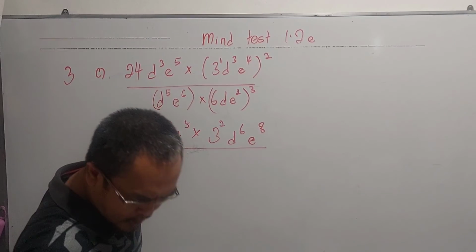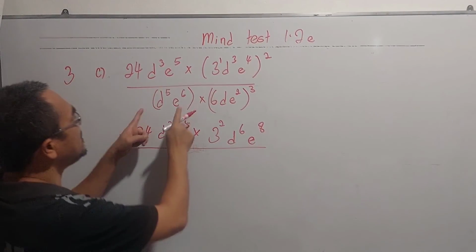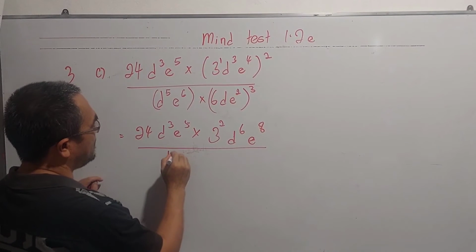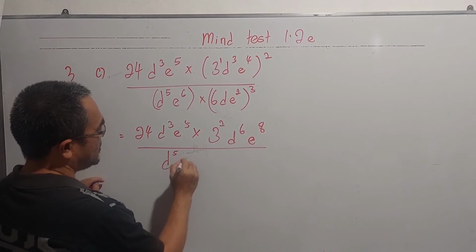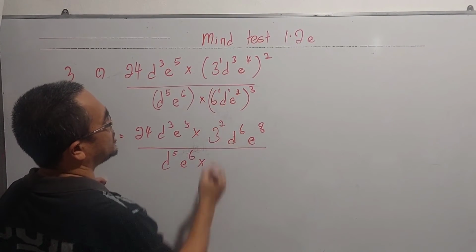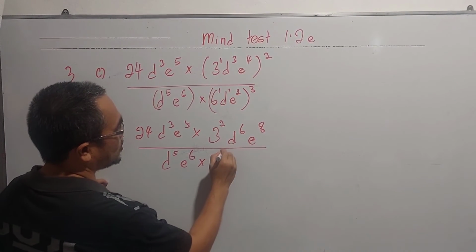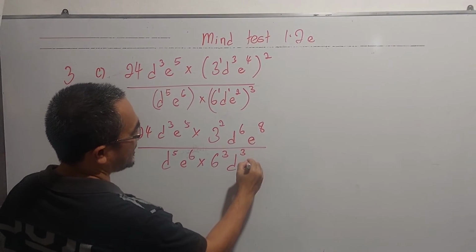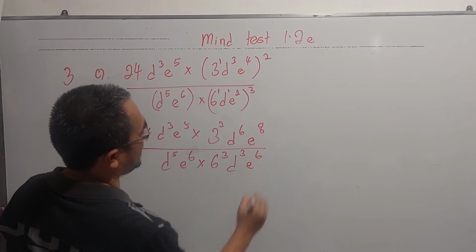And then why there is a bracket here and there's no power outside, so no need to write down the inside the bracket. Just copy again, and then 6 to the power of 1, d is to the power of 1, so 6 to the power of 3, d is also to the power of 3, and e to the power of 6.